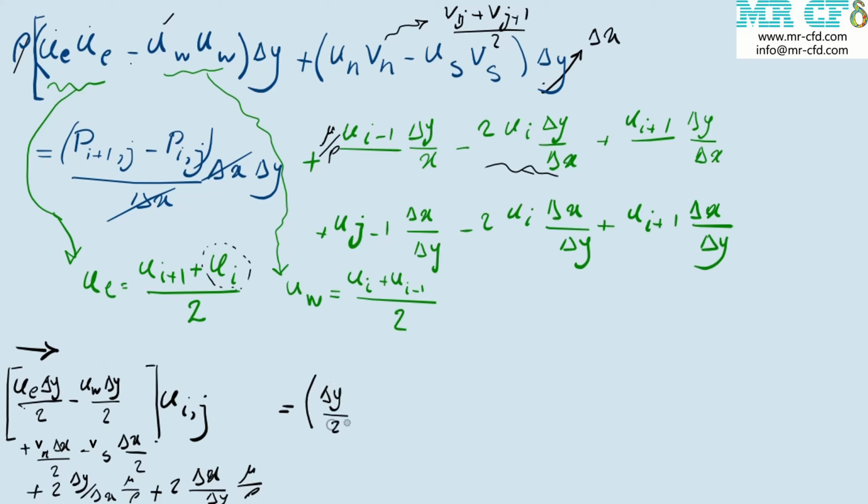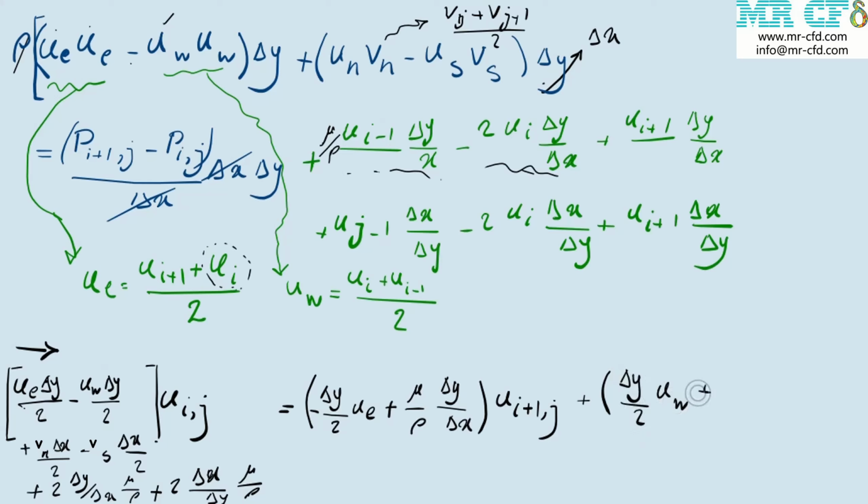The first coefficient is minus delta y over 2 times ue plus mu over rho times delta y over delta x. The coefficient for u at index I minus 1, j is delta y over 2 times uw plus mu over rho times delta x over delta y.